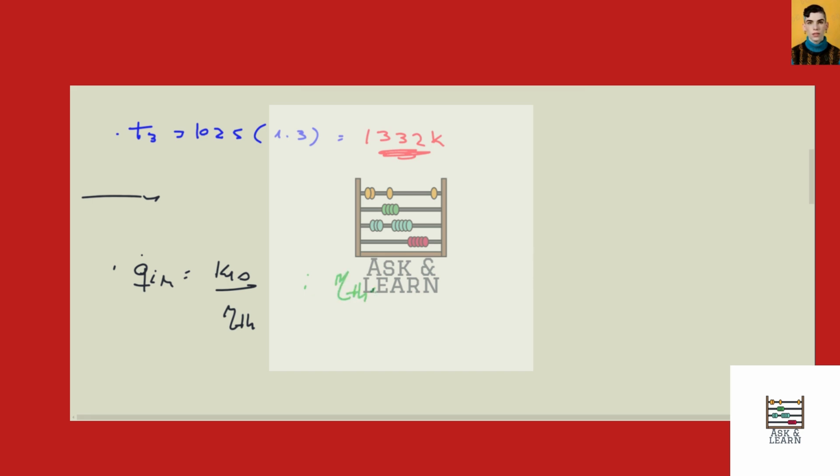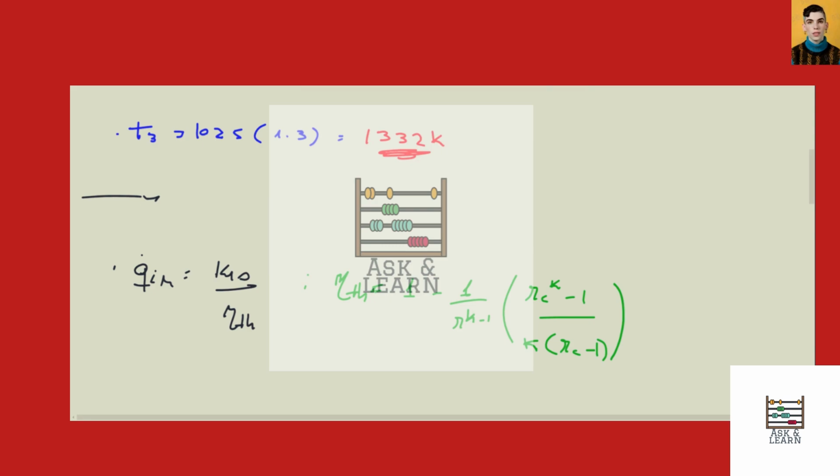The thermal efficiency in this type of cycle, the diesel cycle, is described by 1 minus 1 divided by Rk minus 1, multiplied by Rc to the k minus 1 over k times Rc minus 1. Okay, so it's a huge equation.